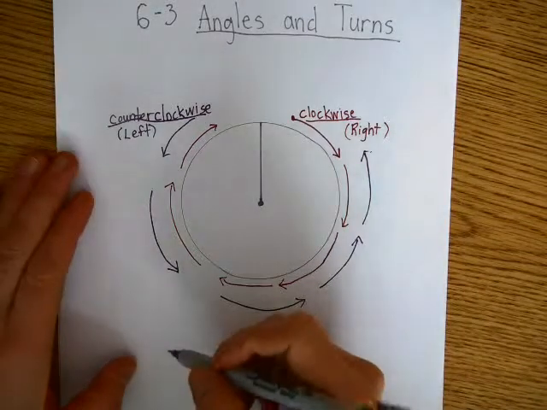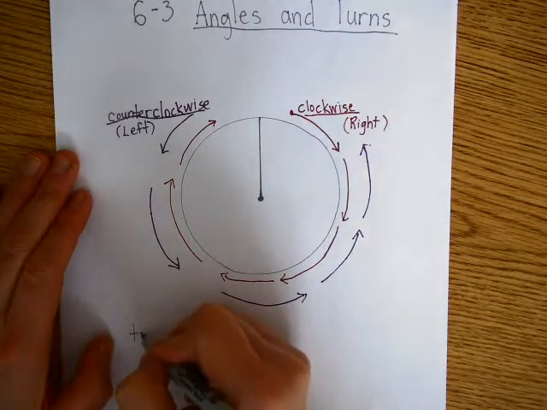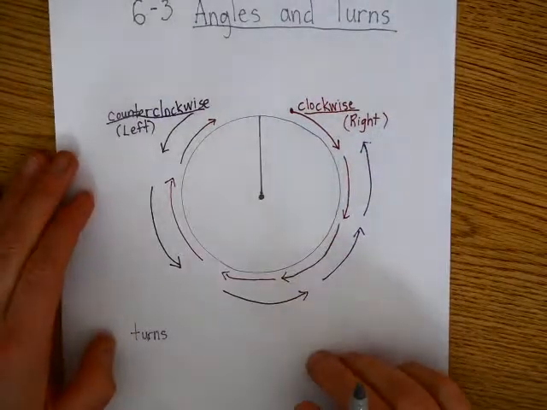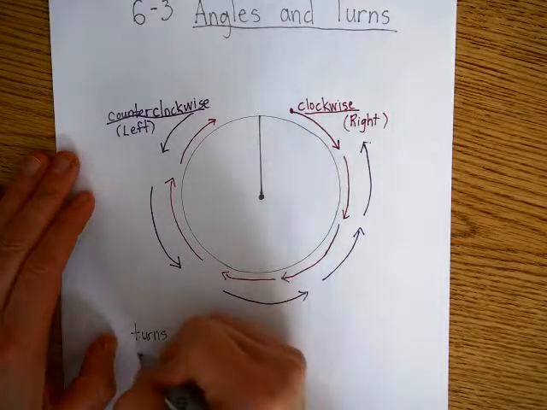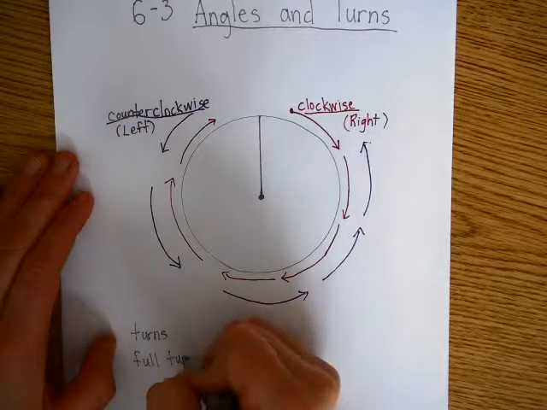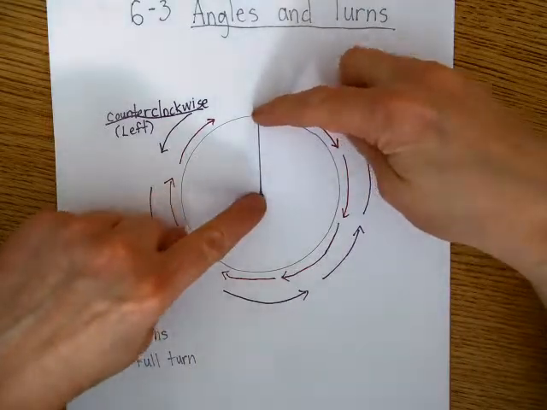So we have a number of different turns that we need to discuss. So, turns. We have a full turn. And for a full turn, let's say this is a clock hand.